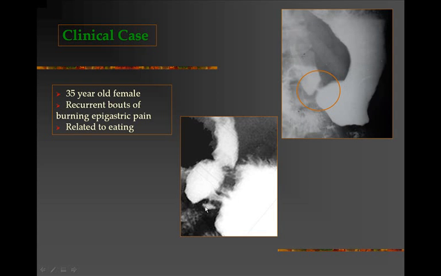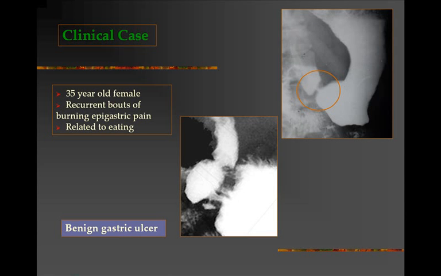And one sees here some dye material that is visible outside the normal lining of the stomach and duodenum. This is because a small amount of the dye has gone and filled an ulcer in the epithelium of the stomach and duodenum.